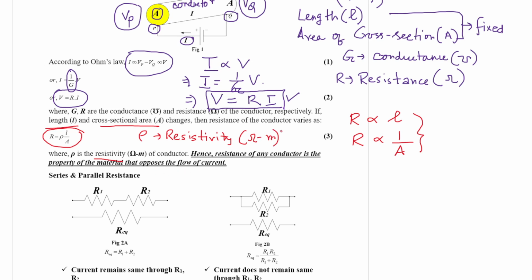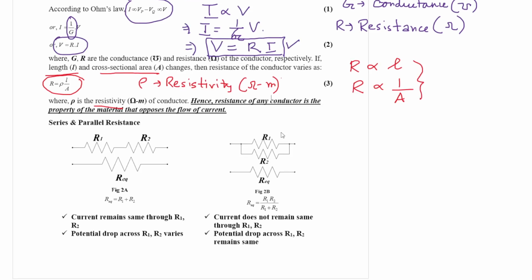So now what is resistance then? Resistance is a very vital thing: resistance of any conductor is the property of the material that opposes the flow of current. That means if this is a conductor and current is flowing, then some inbuilt or intrinsic property of that material will oppose the flow of current, so that will resist.